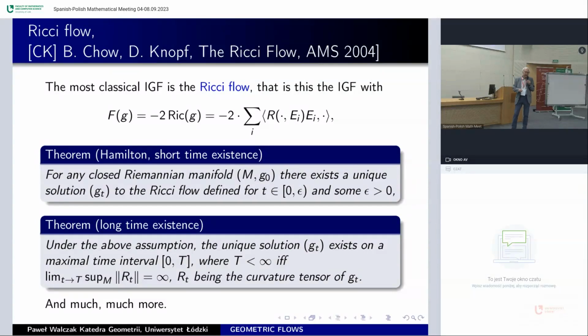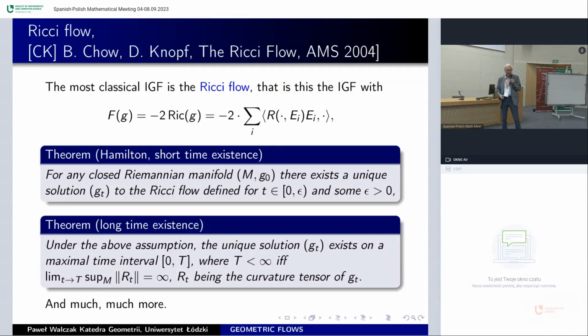So F of g is just minus twice the Ricci tensor, the constant plays some role, but okay, forget it. Which means minus 2 times the trace of the Riemann curvature tensor with respect to the second and third argument.